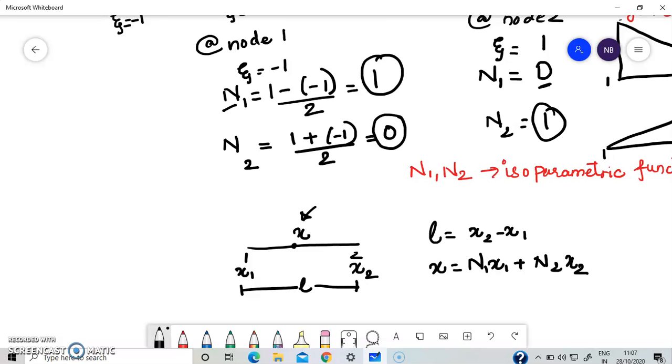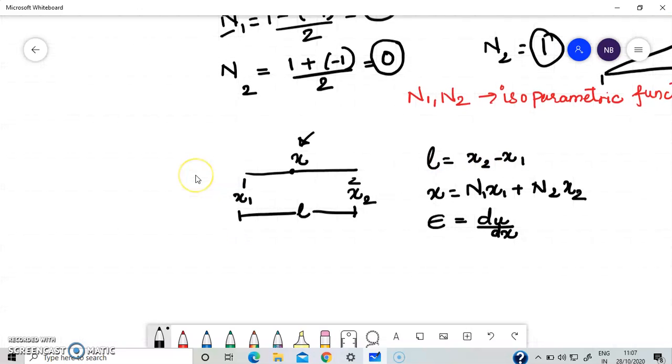The strain displacement relation is given by epsilon equals du by dx. In one of the lectures before, we had derived the relation between the natural coordinate zeta and the Cartesian coordinate x.